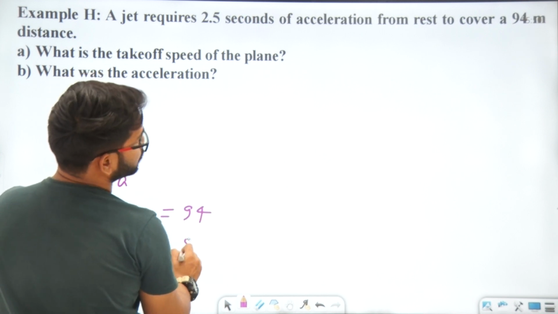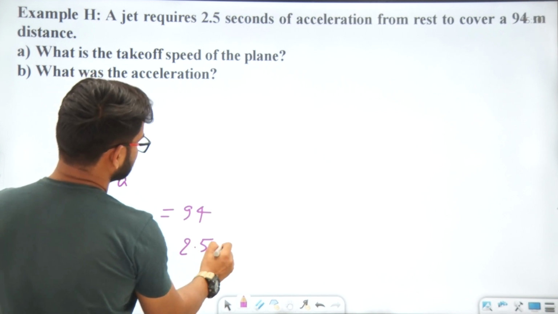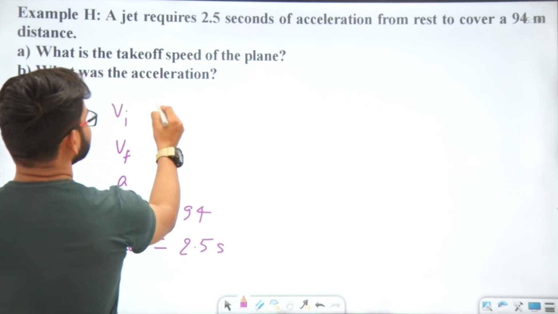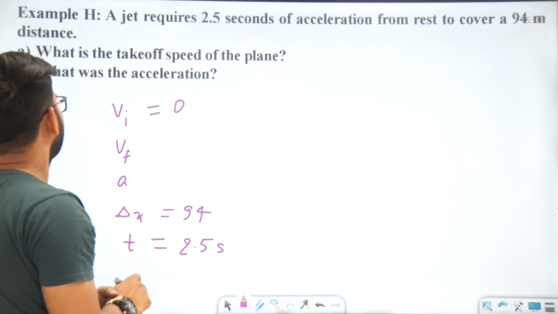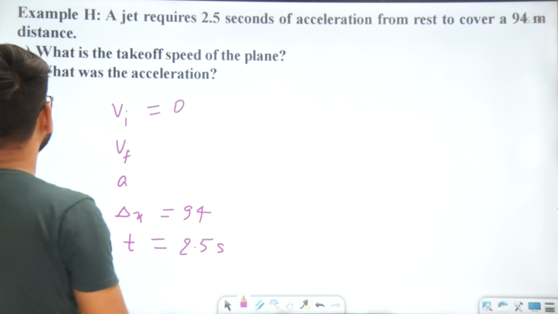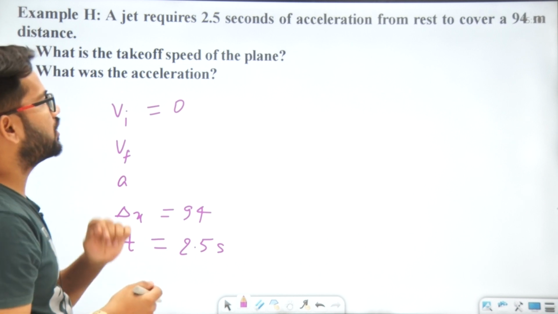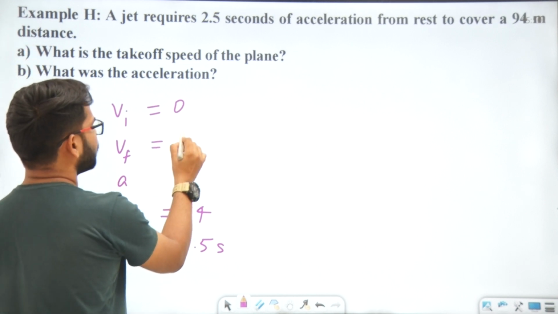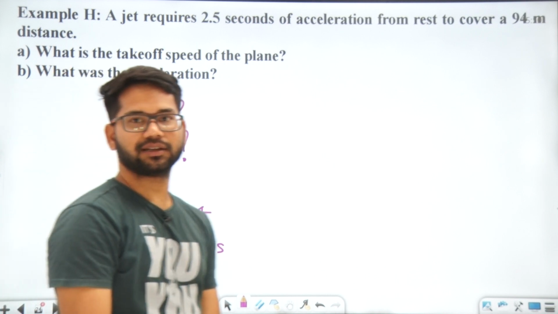Time interval is 2.5 seconds. Starting from rest, so Vi is 0. First, part A asks what is the takeoff speed of the plane. So it's talking about final velocity, right?